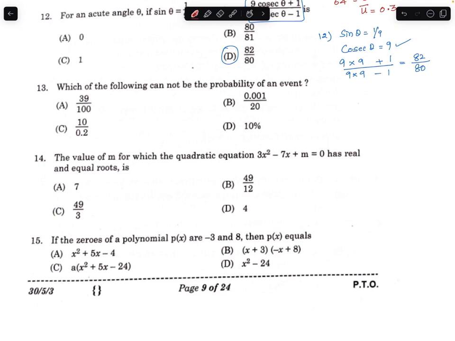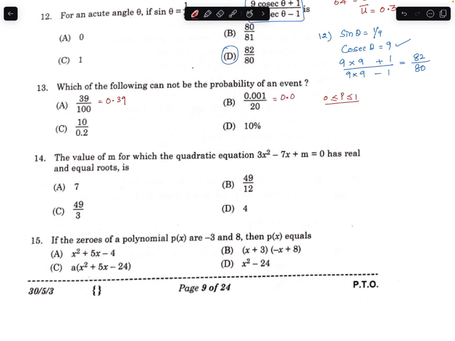Question 13 says, which of the following cannot be the probability of an event? So we very well know that probability of any event is greater than or equal to 0 and less than or equal to 1. For the first one, 39 upon 100 gives us 0.39, which is in the range. So this is okay. Then the second one is 0.01 upon 20.